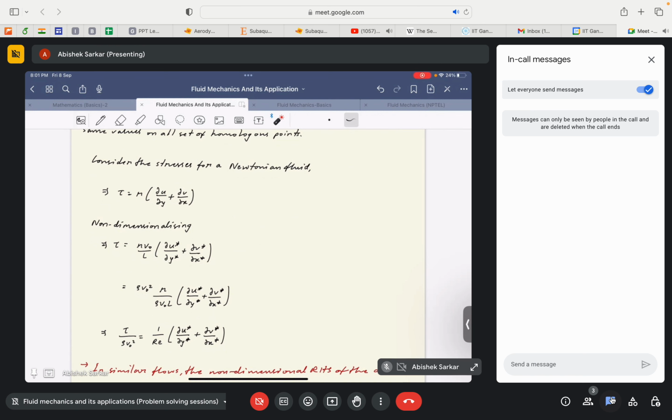Ideally, depending on the geometry of the flow field, v naught is the largest velocity that the flow field can reach. That can be one scenario. Otherwise it's the average velocity that the flow field achieves through its course of travel within the duct or the pipe.